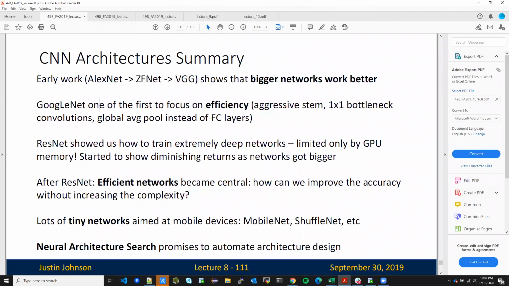After that, GoogleNet was one of the first to focus on efficiency, so the inception stuff. That was 2012 and 13, and then 2014, 2015.